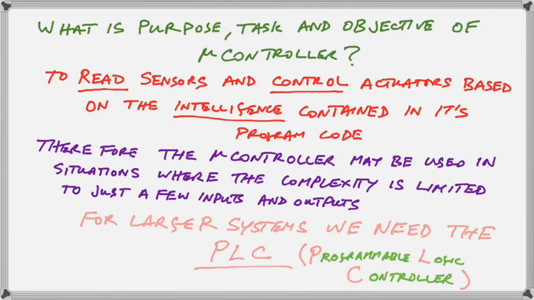Therefore, the actions that it takes on the control aspect of the thing will depend upon what you want it to do after it's read specific conditions in the sensors. But because it's all on one chip, the complexity is limited to only a small number of inputs and outputs. So for larger systems, we will need the Programmable Logic Controller, or PLC.